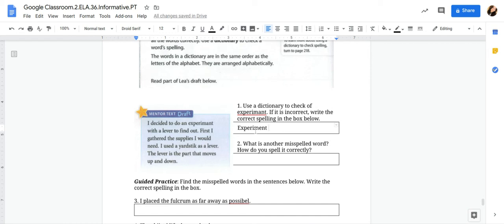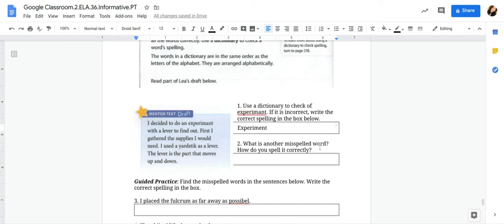Remember, experiment. And for you, you're lucky. These little red lines mean you spelled the word wrong. So you need to hover over it, click on your pad, or if you have a mouse, and you can change the spelling to the correct way.